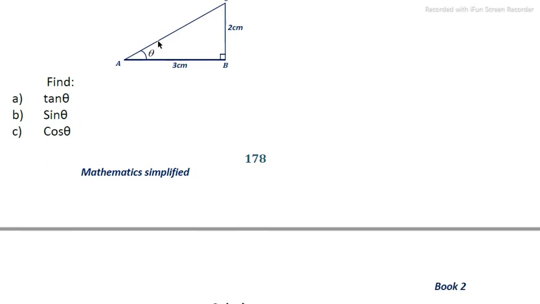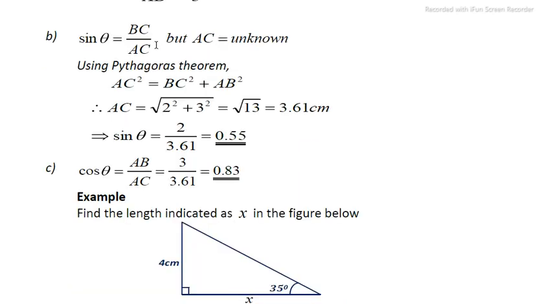Then we substitute. This is what we mean using the Pythagoras theorem, which is AC squared equaling BC squared plus AB squared. But we have BC and AB. BC is our opposite and it is 2. AB is the adjacent and it is 3. So we substitute and simplify to find AC, which is 3.61 centimeters.